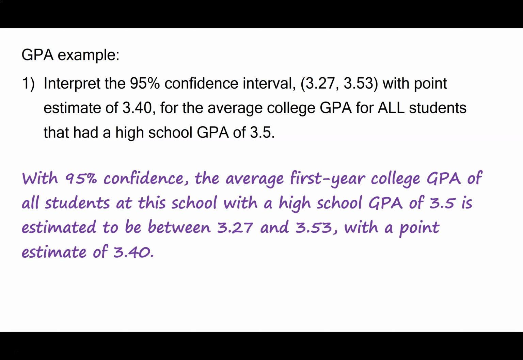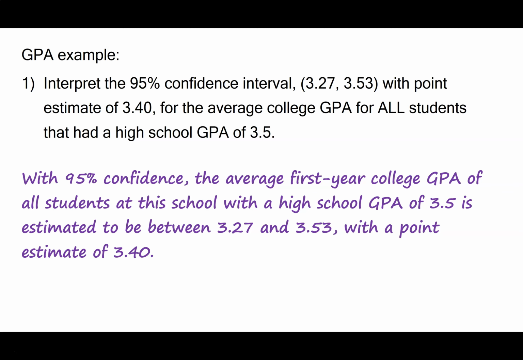Putting it in words: with 95% confidence, the average first year college GPA of all students at the school with a high school GPA of 3.5 is estimated to be between 3.27 and 3.53 with a point estimate of 3.4.